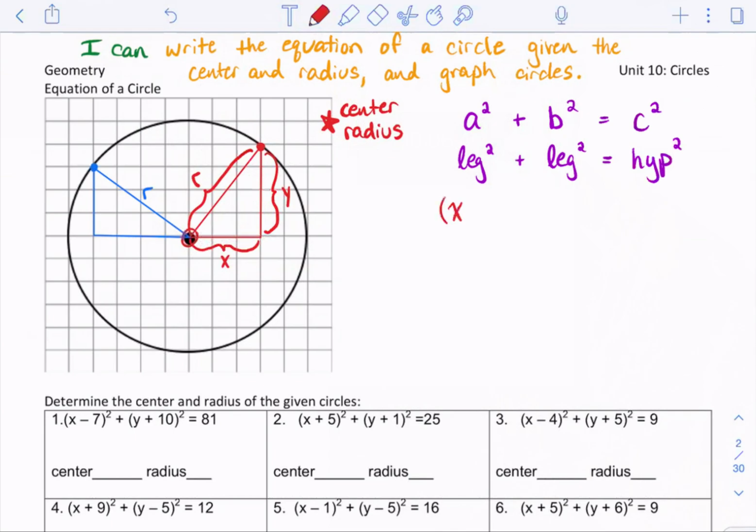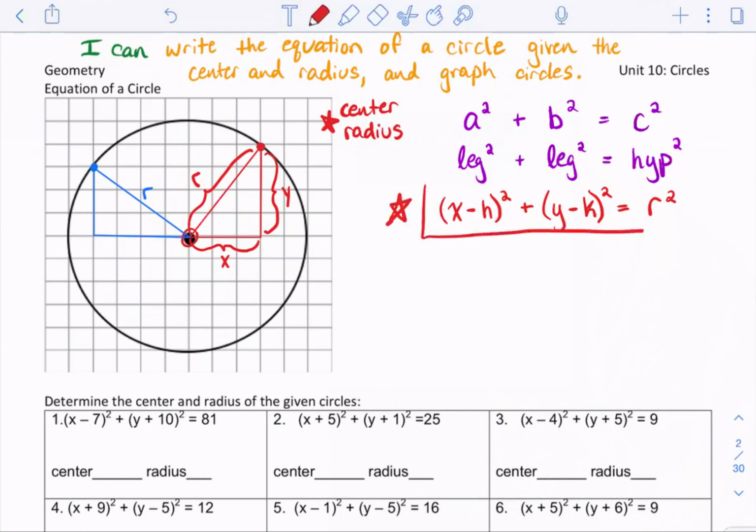So I'm going to have x minus, now just give me a second to explain what this h is. And then for the other leg here, I'm going to do y minus k, and I'll explain what that h and k are in just a minute. And then my hypotenuse in this picture is the radius. So this is a very important formula right here.